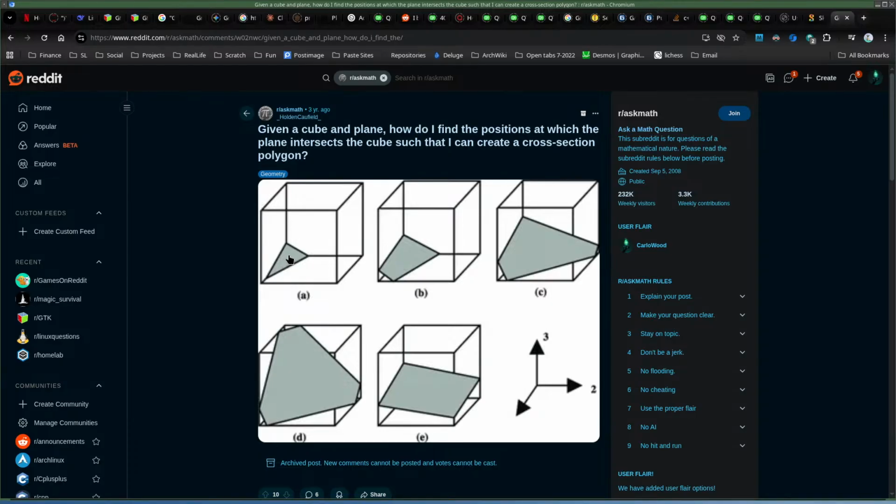But we can of course cut this cube any way we want, and it might also be that this corner is not less than that corner, that this corner is less. Then this one is up front.